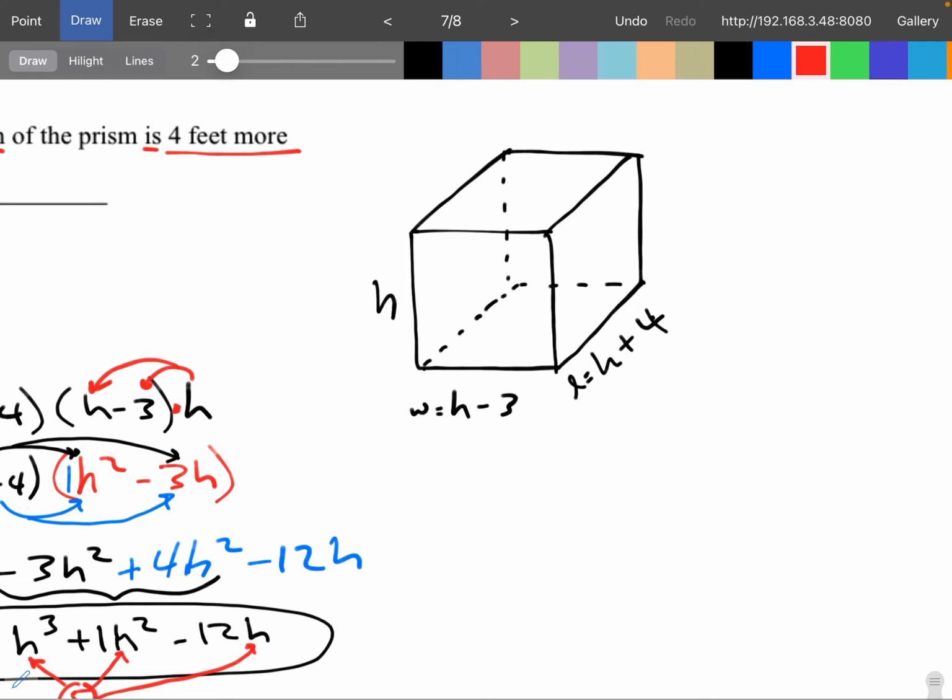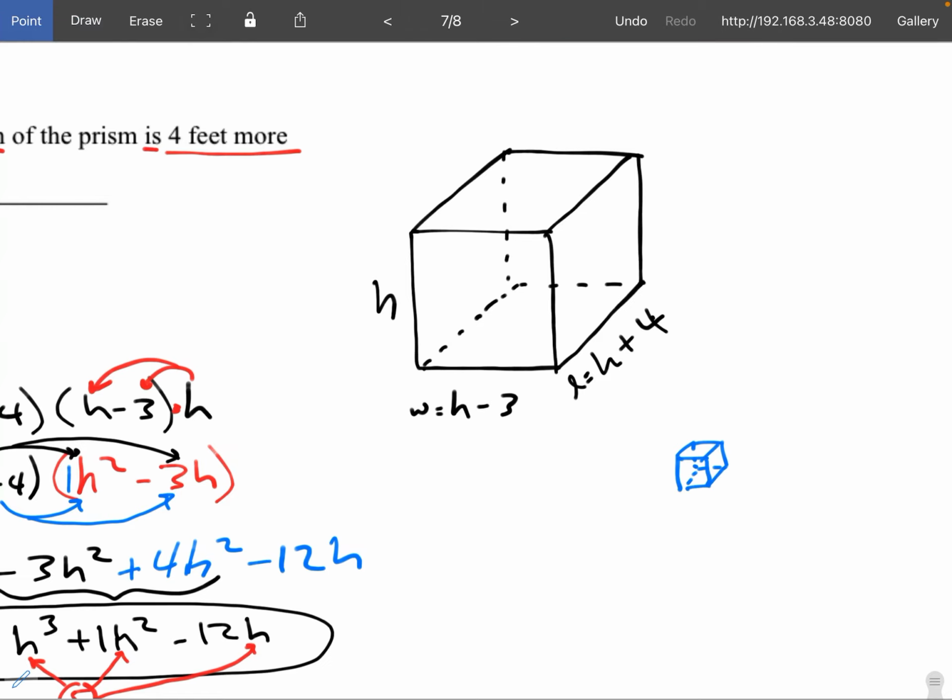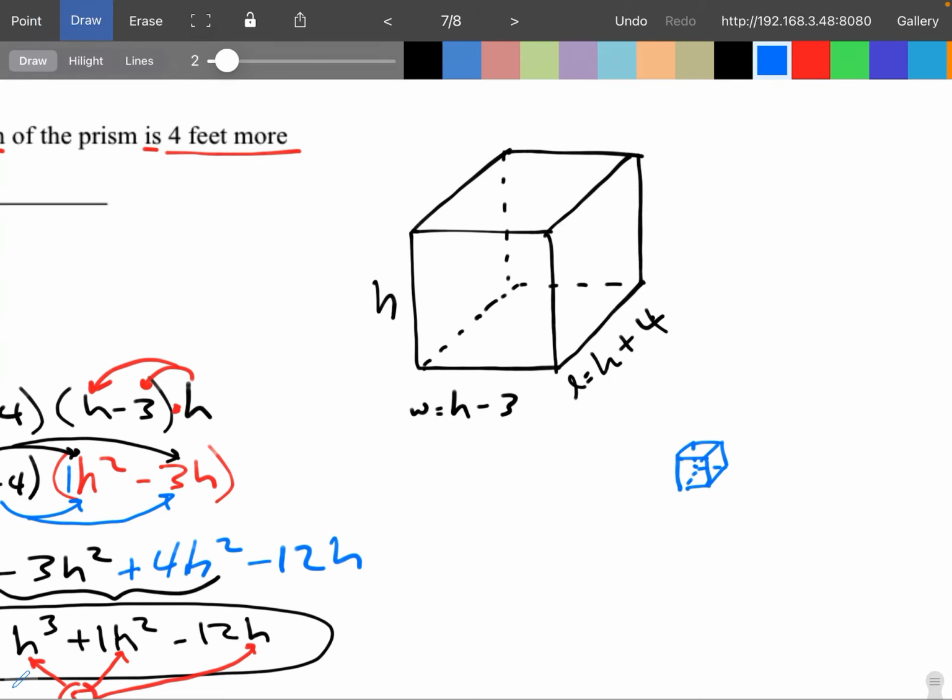Okay? So if I draw you a cubic foot, it'd be like this. This would be your cubic foot. And the dimensions of it would be 1 by 1 by 1, all right?